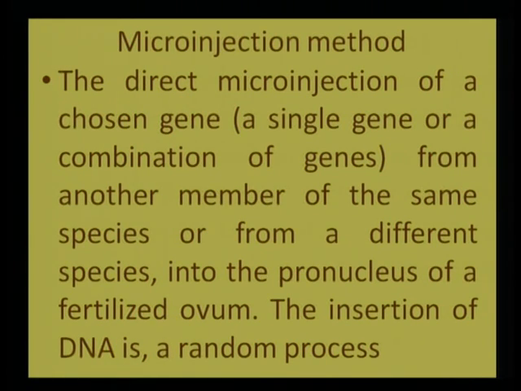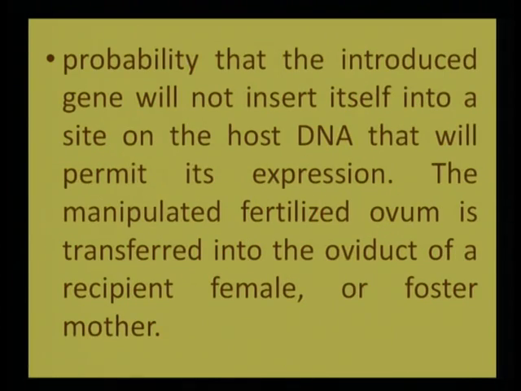However, the insertion of this genetic material or DNA is a random process. The introduced gene may not insert itself into a site on the host genetic material that will permit its expression.